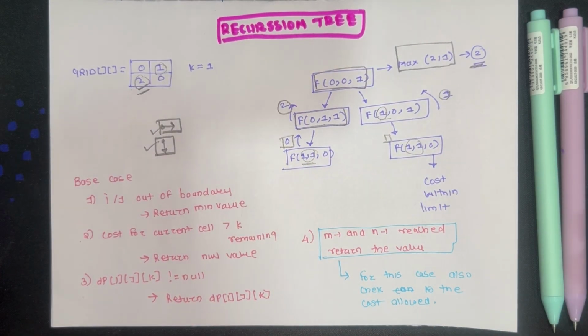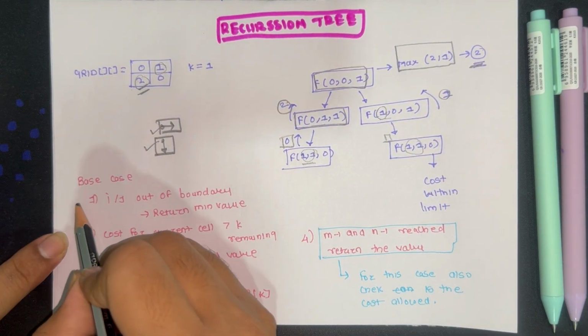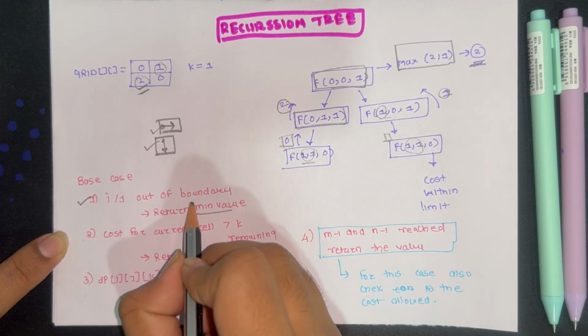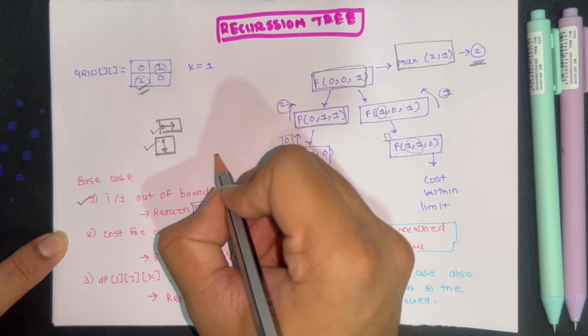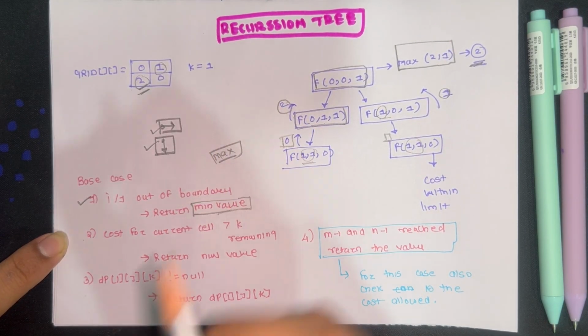Let's discuss the base cases also. When i and j are out of boundary, just return the minimum value. Remember, we are calculating the maximum, that's why we return the minimum value.